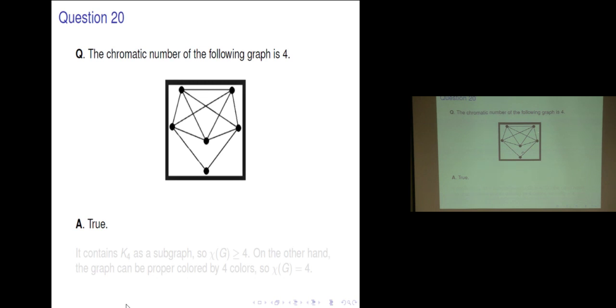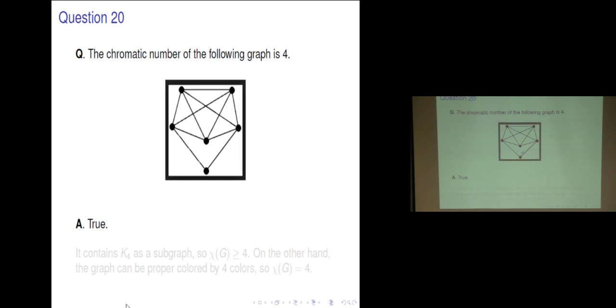Now, can we use 4 colors to color it? Let's try. Look at this K4 and use 4 colors: 1, 2, 3, 4. Now for the second K4, let's try again. Suppose it is 1, 2, 3, 4.